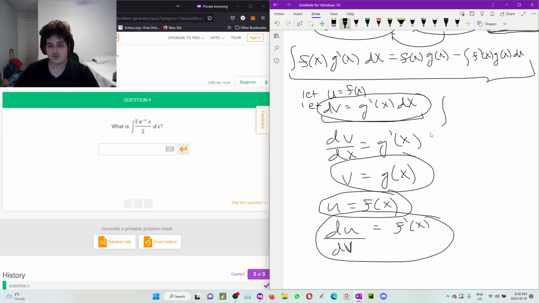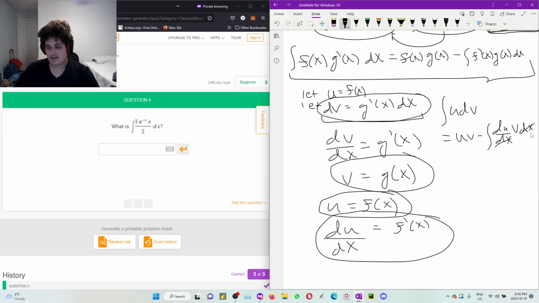So f of x is u, g prime x dx is dv, and this is going to be equal to f of x g of x, so it's just going to be uv, minus the integral of f prime x, which is du by dx, times g of x, which is v, dx.